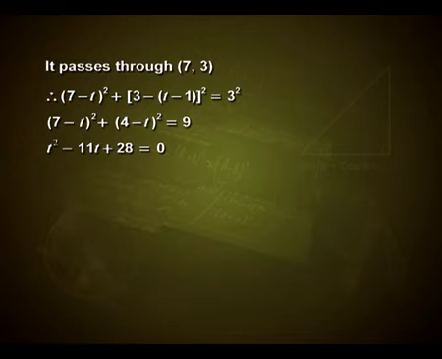This is a quadratic in t. We find that it can be factorized as (t - 4)(t - 7) = 0, which gives t = 4, 7.